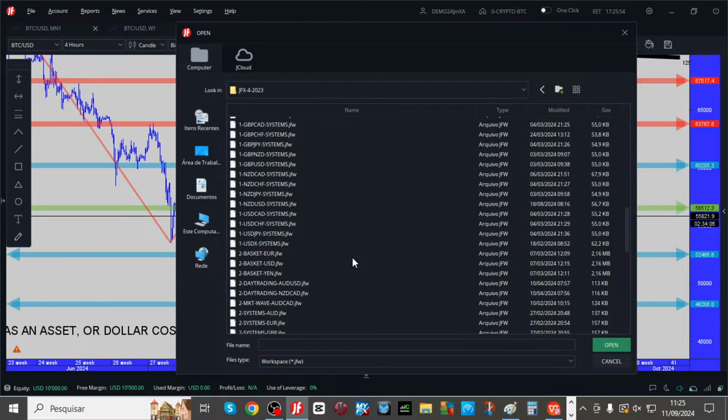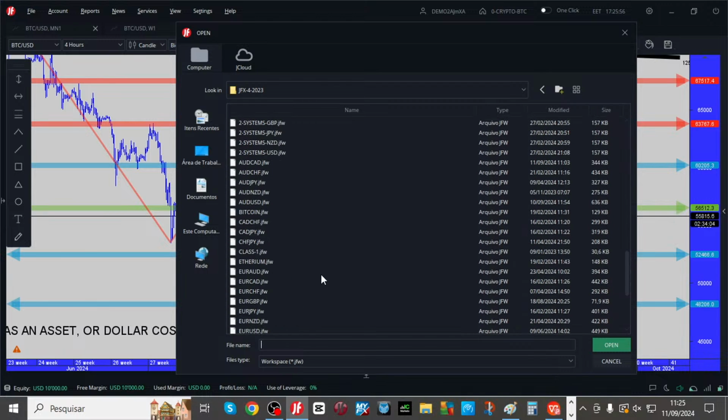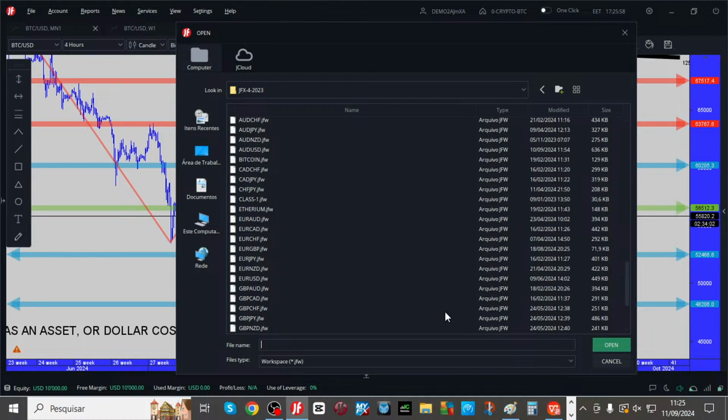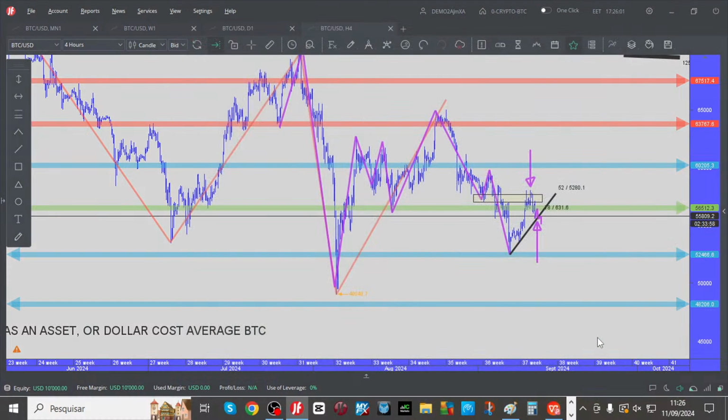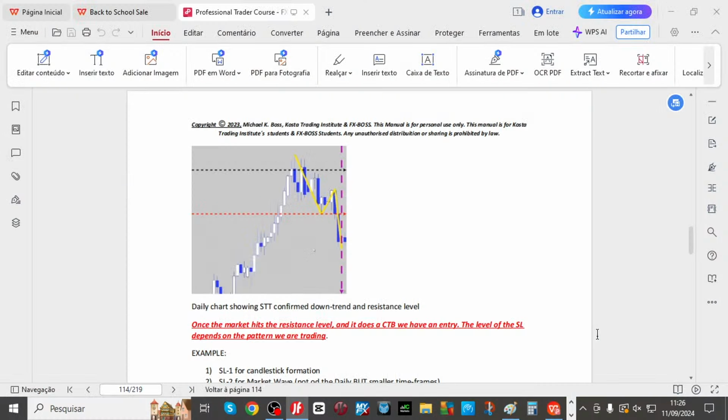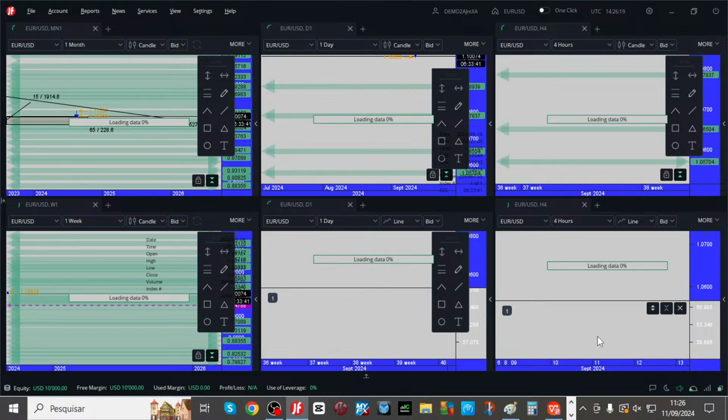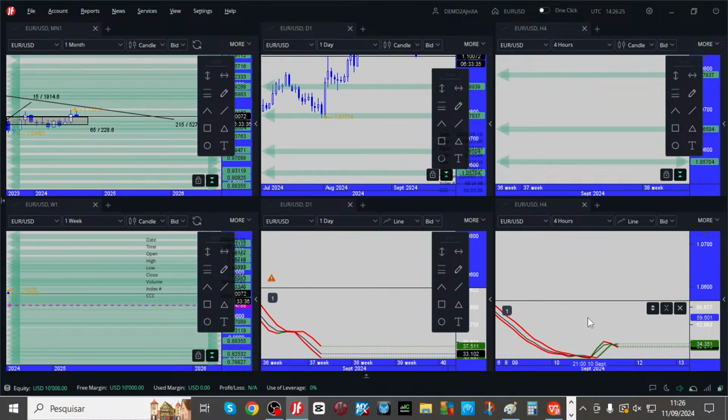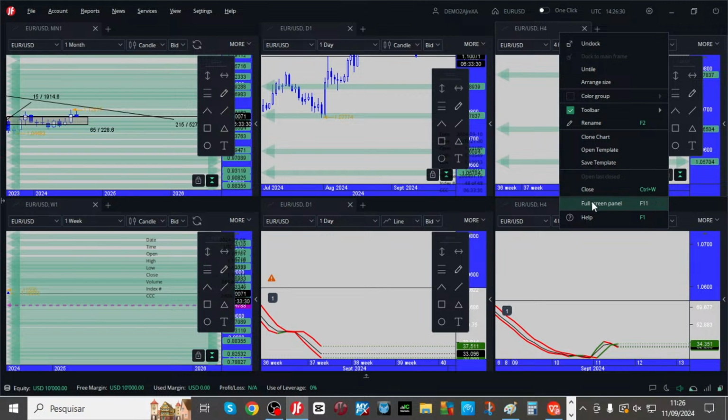If we go to euro dollar, how are you going to make pips and money out of euro dollar, everybody? Euro dollar on the 4-hour chart.